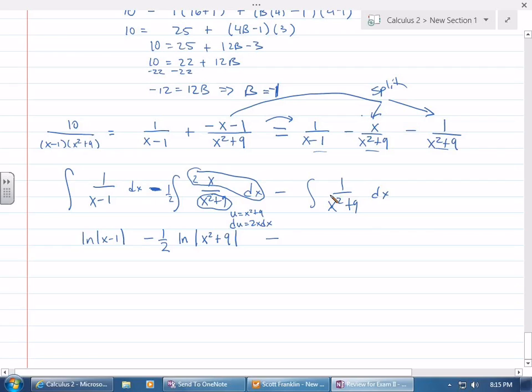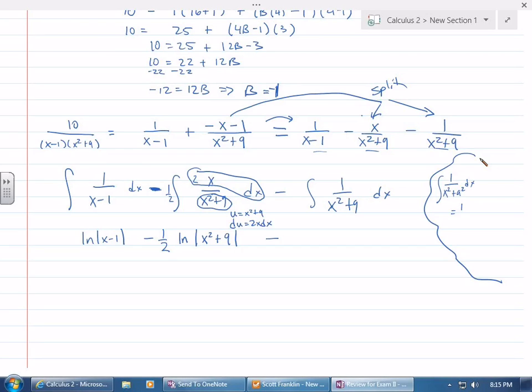And the last one, 1 over x squared plus 9. I gave you a formula for these, but whenever you have the integral of 1 over x squared plus a squared, I think, where is it? Actually, it's on your formula table, but I gave it to you in class. I think it's 1 over a tangent inverse of x over a. Where is it? Oh, it's number 17, yeah.